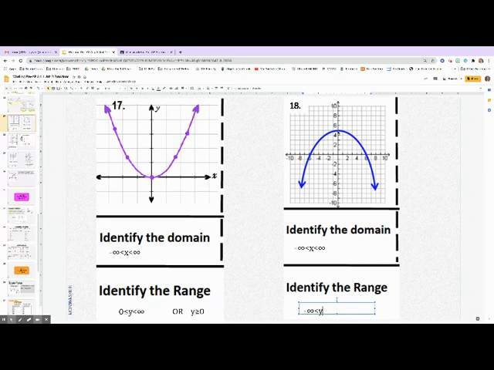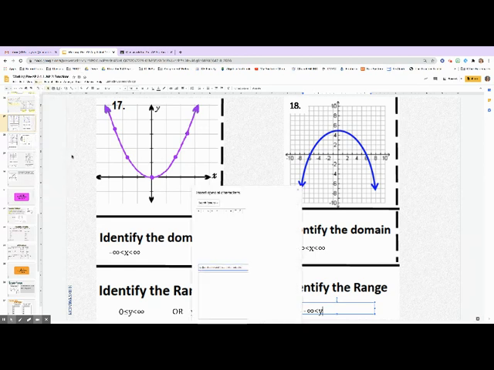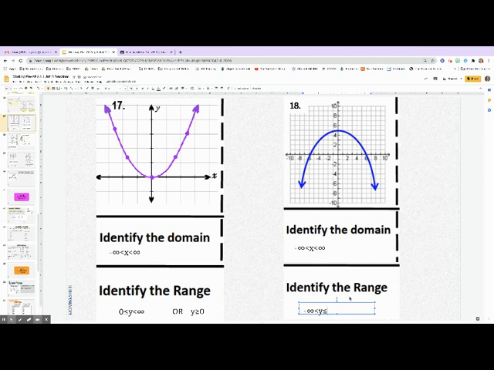It goes up to 5, and it's actually included in 5. So we're going to have the less than or equal to symbol because it's included. Less than or equal to sign, and it's less than or equal to 5.